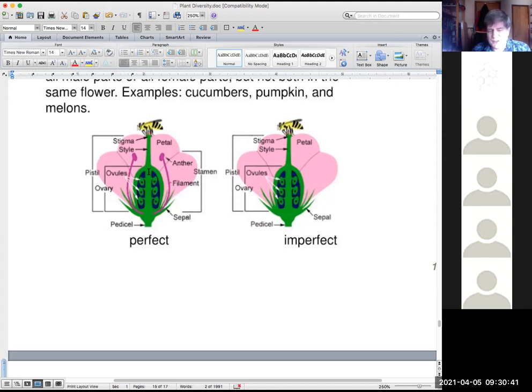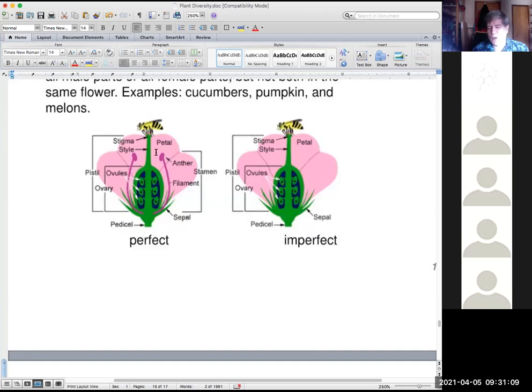For one simple reason. Some insects do eat pollen. They don't necessarily eat it all. A lot of bees have hairy legs and they pick up some pollen on their legs. But a lot of insects visit flowers to get nectar. The nectar is usually produced down lower towards the base of the ovary.